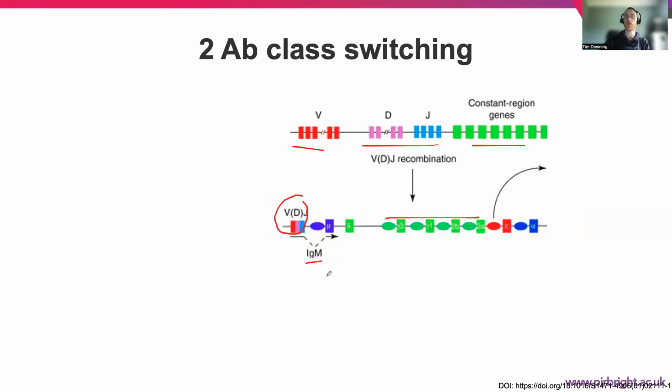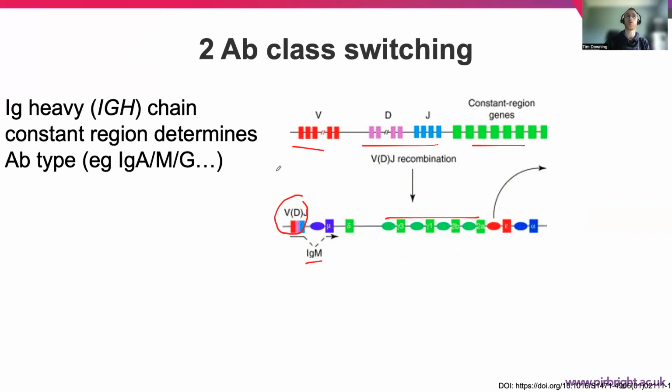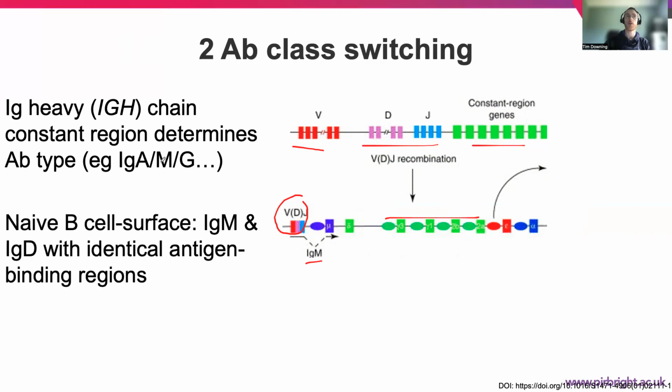This is the IgH locus that encodes the Ig heavy chain, and this determines which antibody type will be made. On the cell surface, you get IgM and IgD expressed with initially identical antigen binding regions, but as these naive cells mature, the daughter cells will be different.